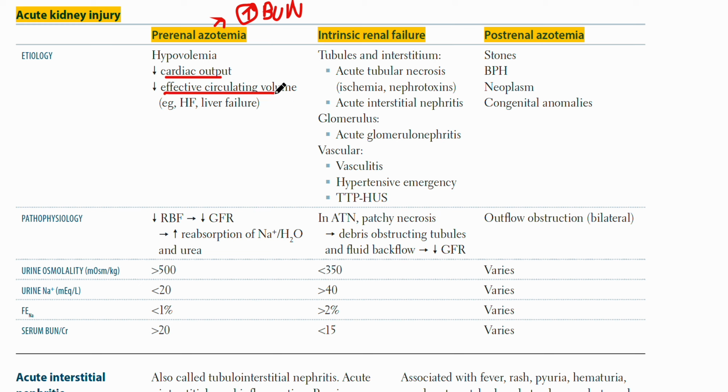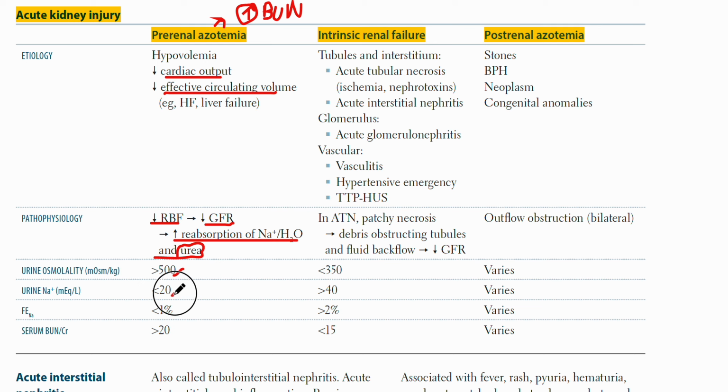So there is decreased glomerular filtration rate. Renal blood flow is decreased, obviously, because there is decreased circulating volume, and that will lead to decreased glomerular filtration rate and thus increased reabsorption of sodium, water and urea. That is why blood urea nitrogen is increased. Also urine osmolality, in milliosmoles per kg, is greater than 500.